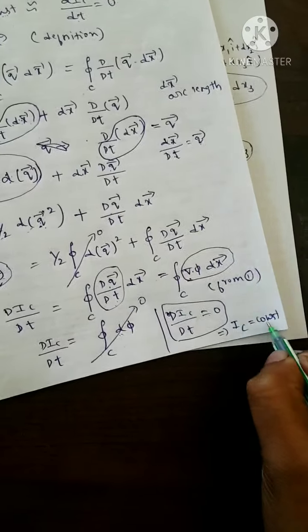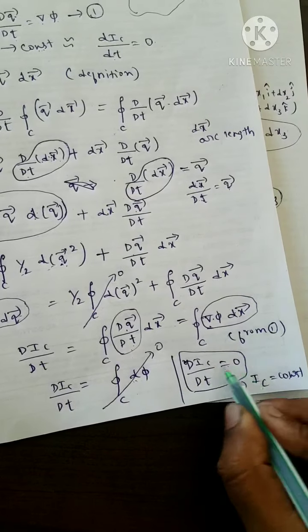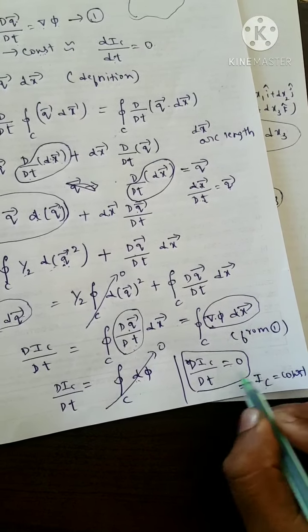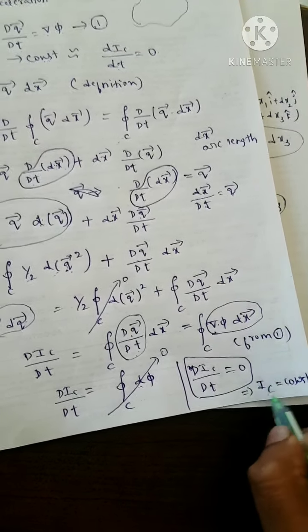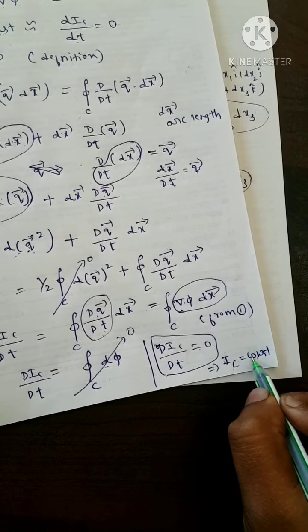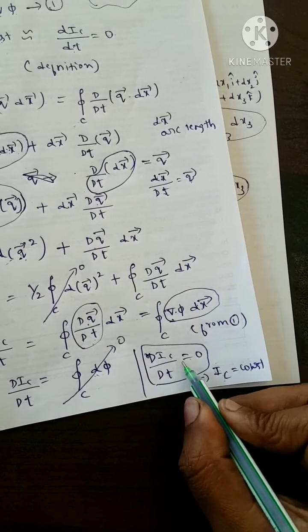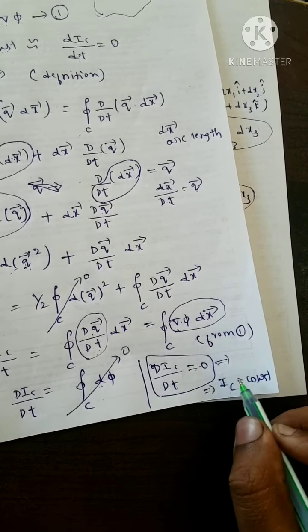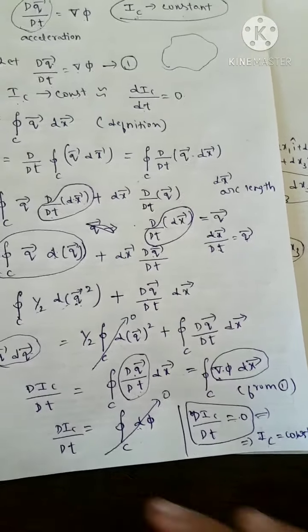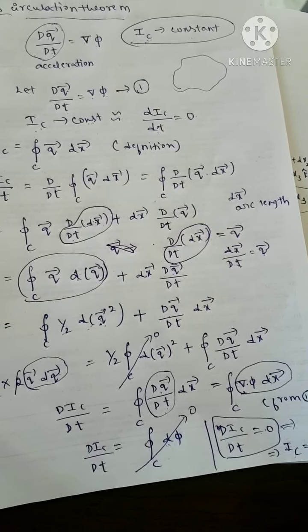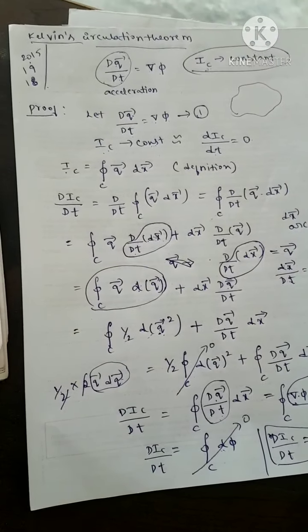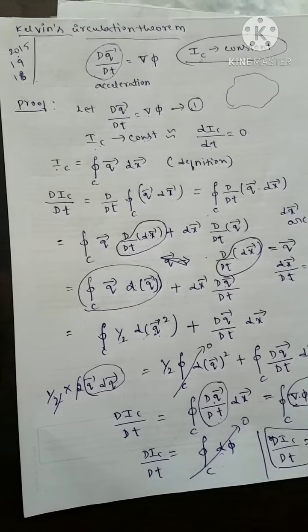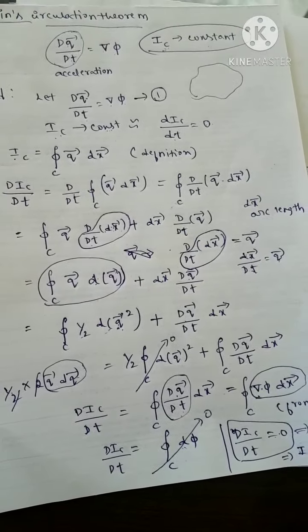Vice versa, if you differentiate a constant, you get 0. So from this expression we can say circulation is constant around a closed curve C. This is the Kelvin circulation theorem, and this theorem is important. It has been asked in the years 2015 and 19. Hope you understand.